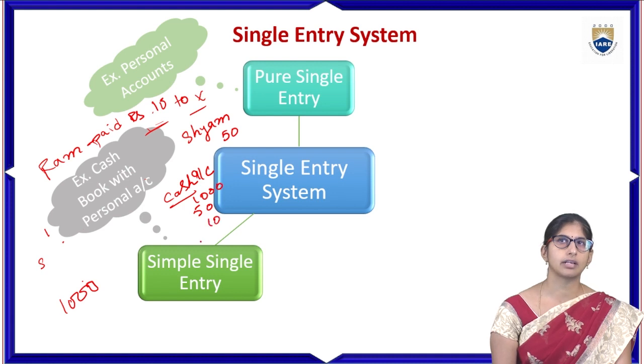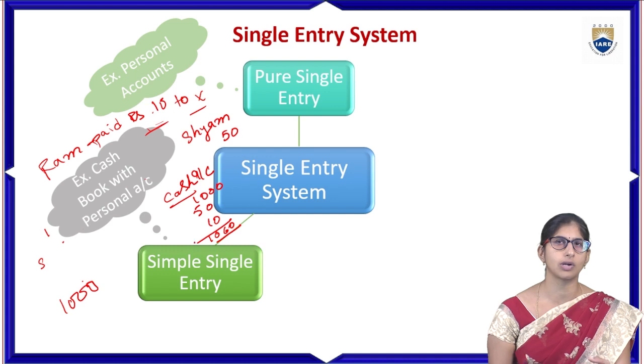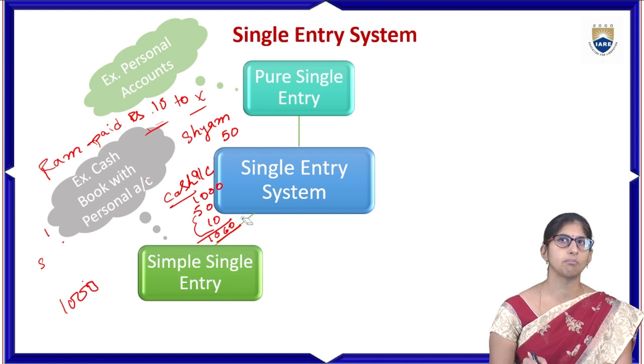So at the end of the day, how much amount of cash is available in our cash box? 1,060. Okay, we are going to close down the balance, that today our sales is only 60 rupees. So that also we are going to maintain in the simple single entry system.